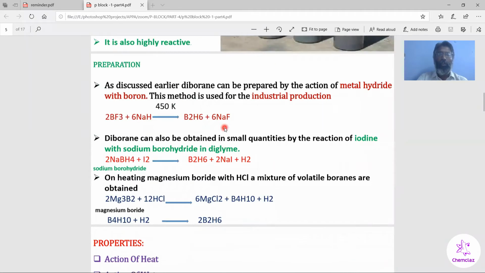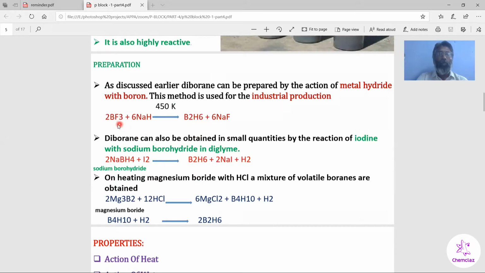Preparation of diborane. Diborane is prepared from boron or boron compounds: boron trifluoride, sodium borohydride, magnesium boride. There are three methods given here.